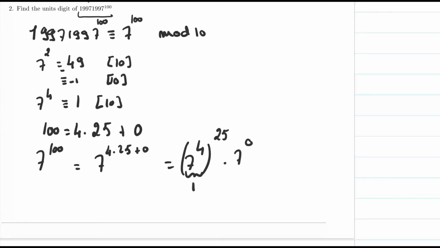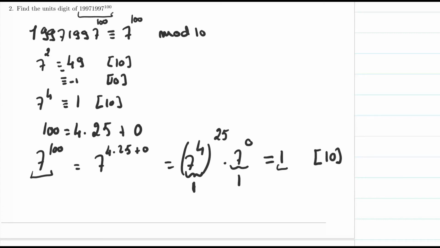This is 1, so raised to the power 25 it's 1, and this is 1, so this is 1, and all of this is done modulo 10. So 7 to the power 100 is congruent to 1 modulo 10.